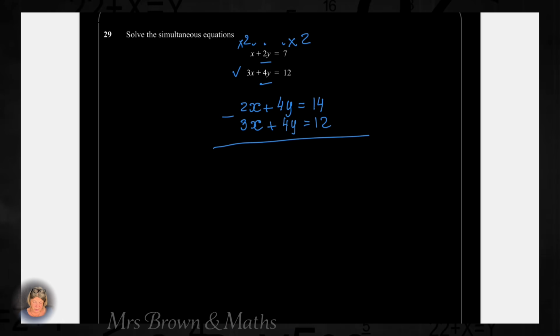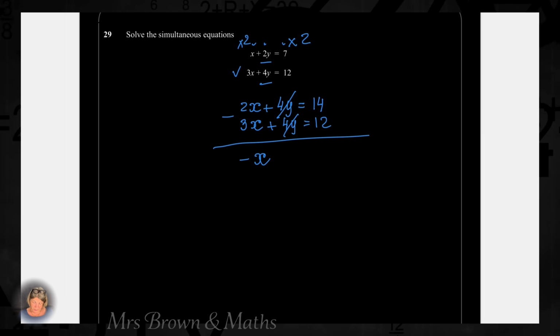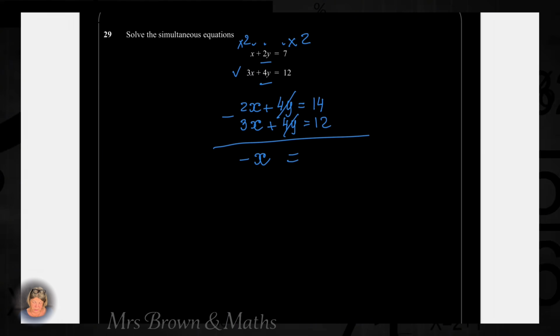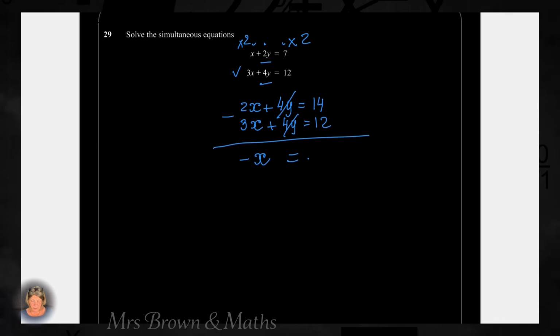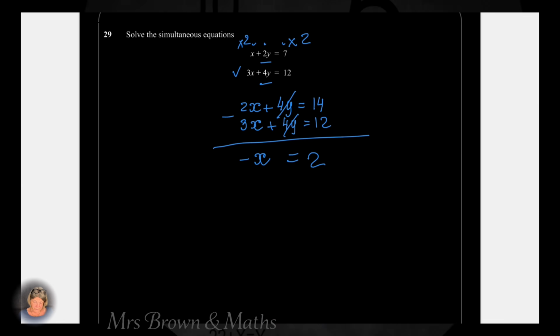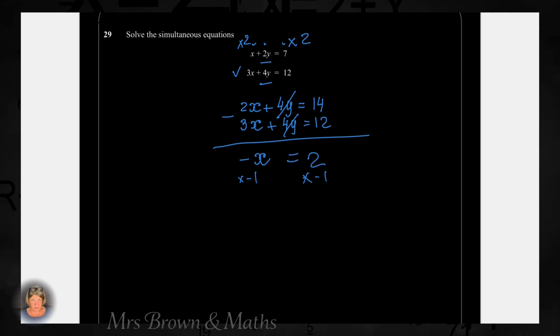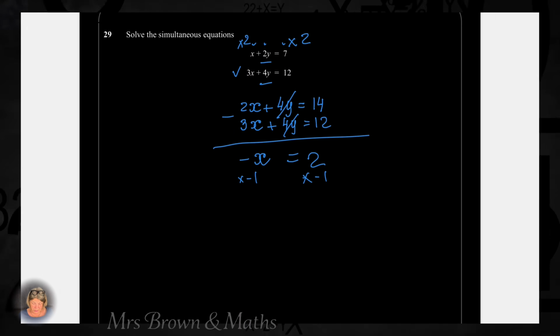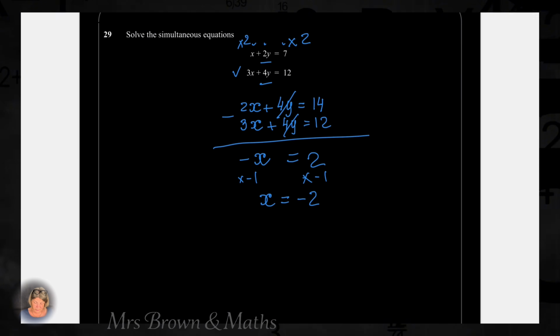And 2x minus 3x is minus x. 2 minus 3 is minus 1, so minus 1x is just minus x. 4y minus 4y is 0. Right? And 14 minus 12 is 2. Right? Minus x equals 2, times minus 1 both sides, or just swap minus and plus, x equals minus 2. That is my first answer.